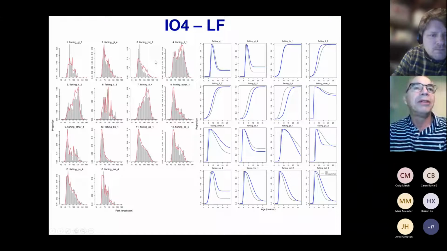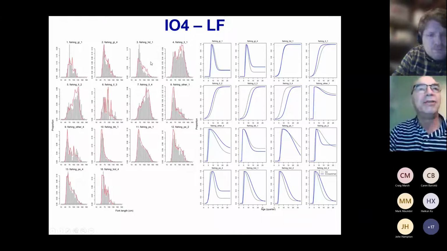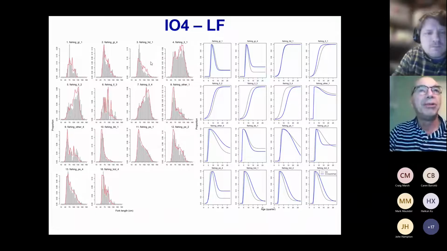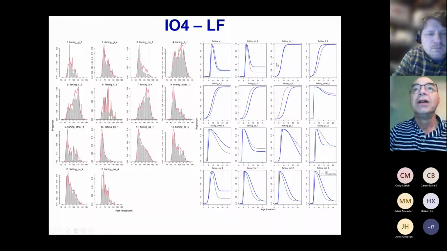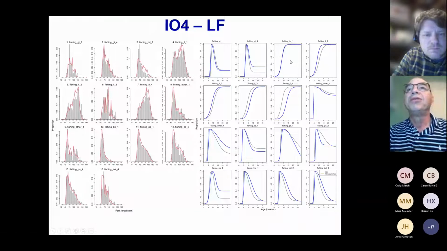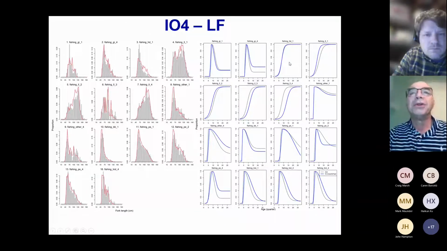It's much more spiked towards the younger animals. Perhaps using a selectivity function that's more flexible than double normal could have been useful there. See, this is handline 1. So that one was treated as being asymptotic. And so that may have been not the best choice for that fishery.